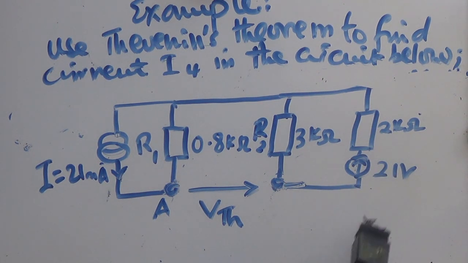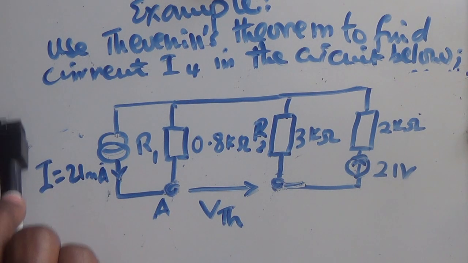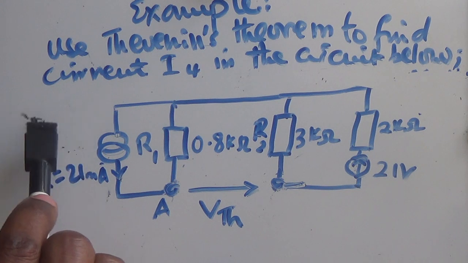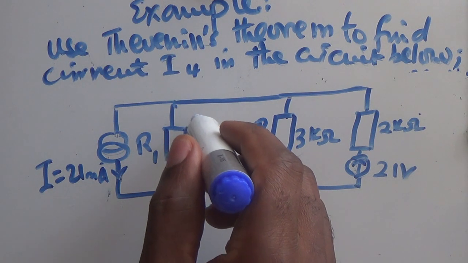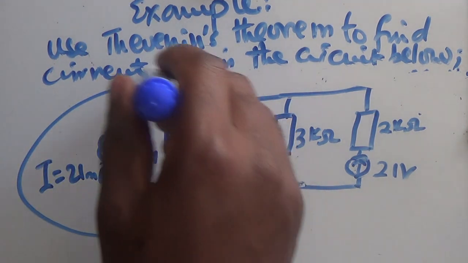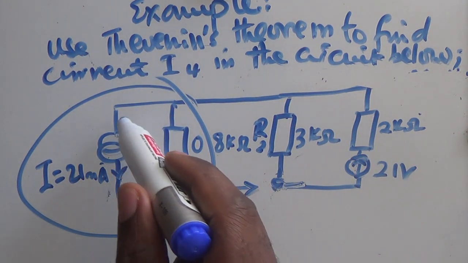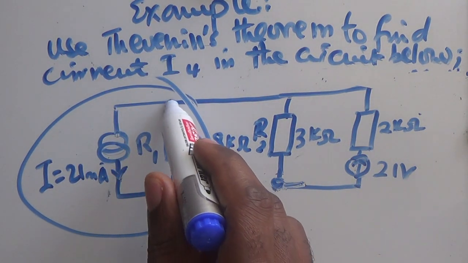A couple of things will have to come through. One, we have this section here, which is simply this current that will flow through here.